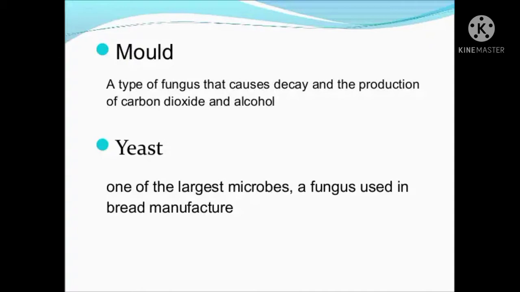And you have seen the hole-like structures in the breads or the cake or the buns. That is because yeast makes air pockets in the dough which is used to make the bread and the buns. Those round structures that you see are because of the yeast.